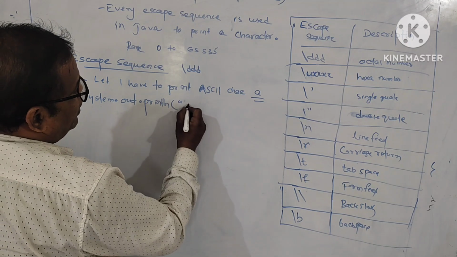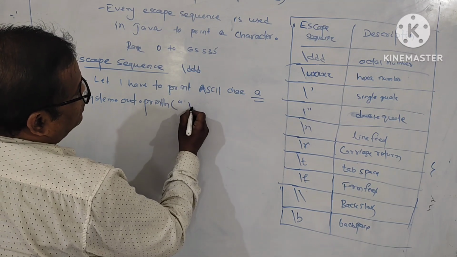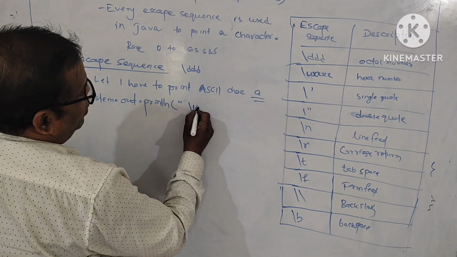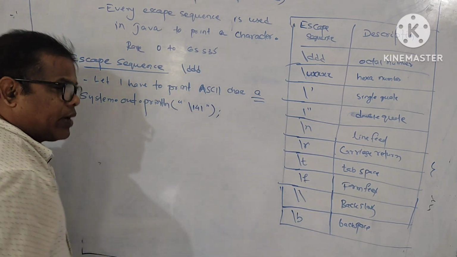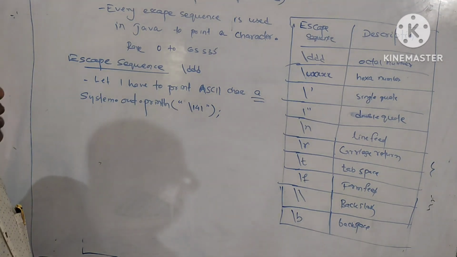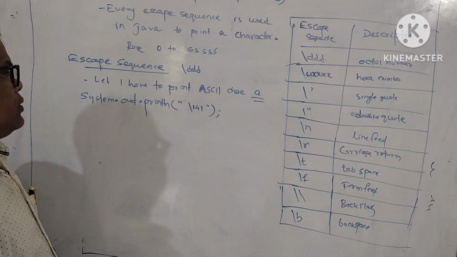In the double quote I will write backslash 141. Actually, it is the octal equivalent of the character.